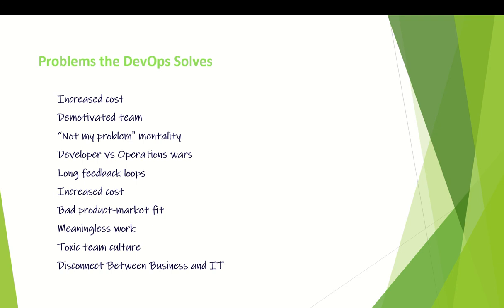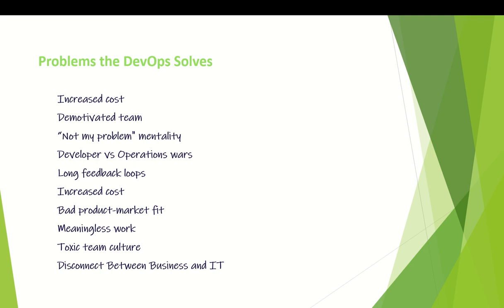If the company does not find the product market fit in a reasonable time period, it could mean bankruptcy. A bad product market fit basically means that the customers are not satisfied with your product. For example, based on market requirements or market trends, you have to upgrade and roll out the right products.